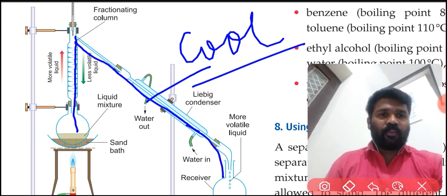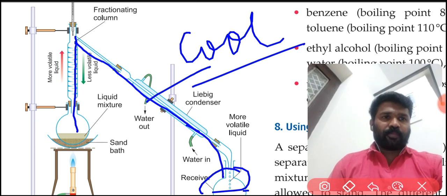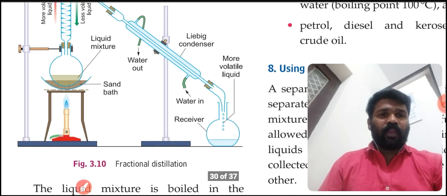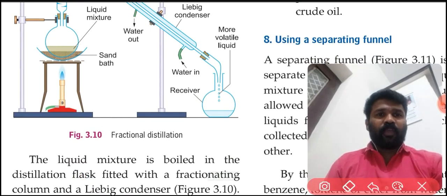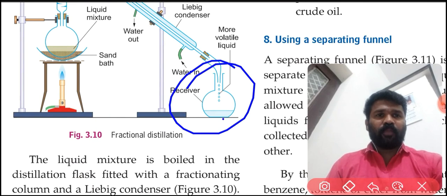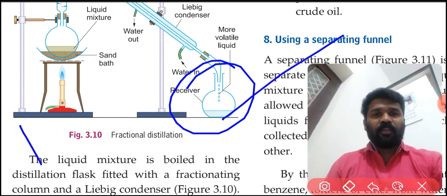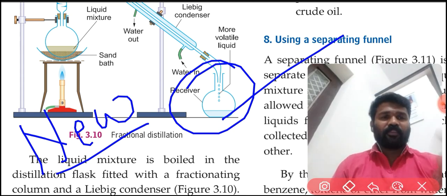Okay students, it will be collected in the receiver. Once that particular liquid is collected, what do we have to do? We have to change the receiver, keep it aside, and place a new receiver to collect the next liquid.